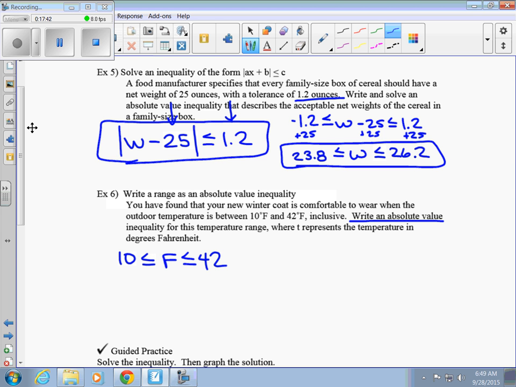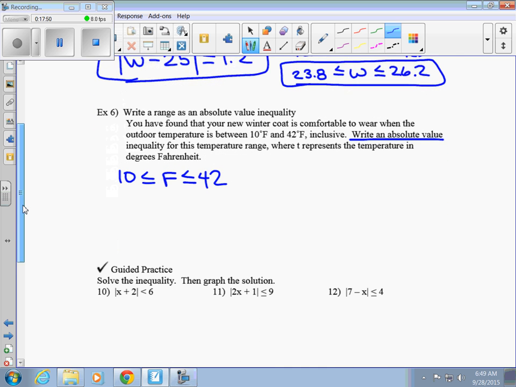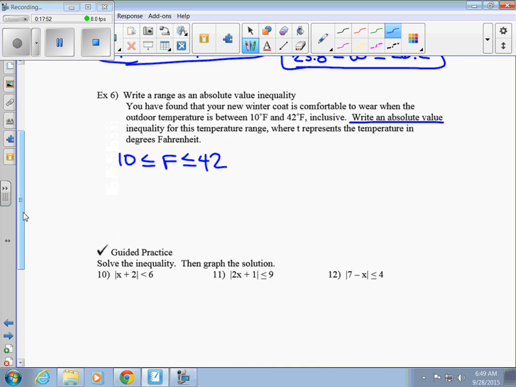That's what we would expect. And then how much the difference is, the 1.2 ounces. So if we look at these two, essentially we want to find the average of 10 and 42. I want to find halfway in between. So we want to find the middle of those.